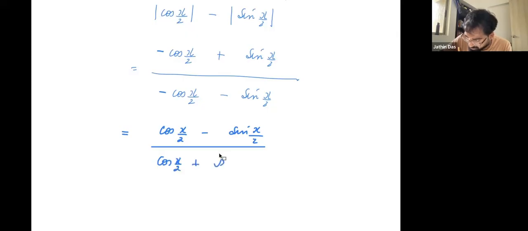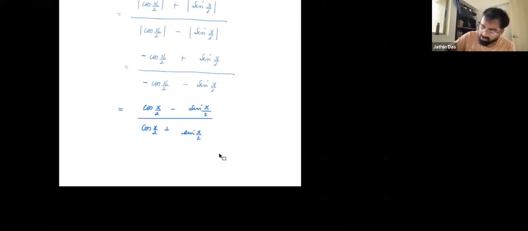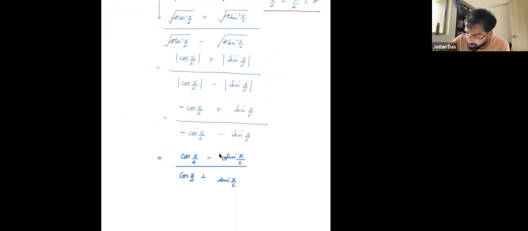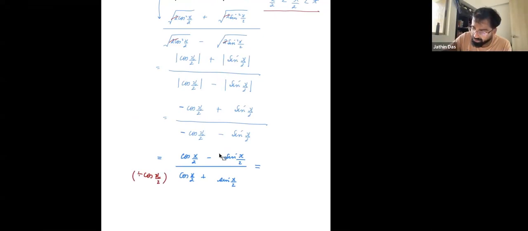Now, can I express this in the form of tan? I should do something so I can express it only in terms of tan. By dividing by cos x by 2, correct. So you will get 1 minus tan x by 2 over 1 plus tan x by 2.